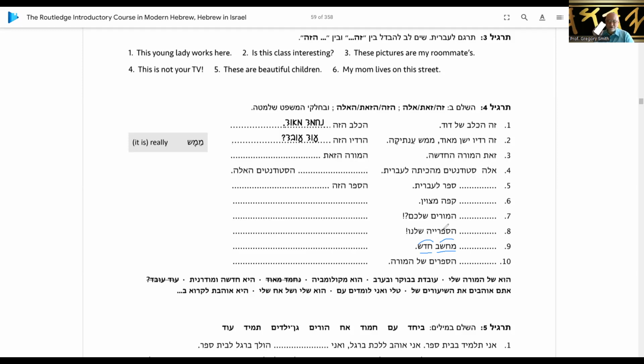Now this Pa'alim has messed me up before. Before it gave me masculine for Sifriya, which is library, and the answer key says no. But I want to keep going with this. Machashev for computer, it says here is masculine. So why wouldn't we use Zeh? Zeh Machashev Hadash. This is a new computer.